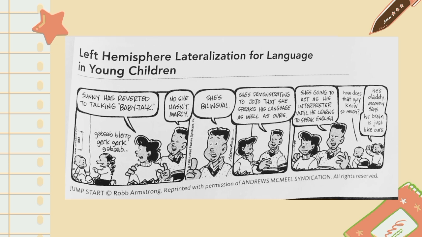And in the fourth panel, a child is acting as an interpreter, demonstrating that even young children can understand and use language in complex ways. In the last panel, a child is curious about something who knows a lot. And the final panel emphasizes that the brain's capacity for language is similar across individuals.